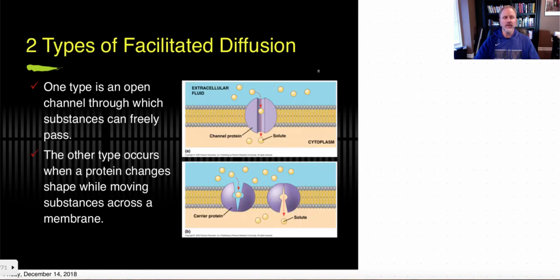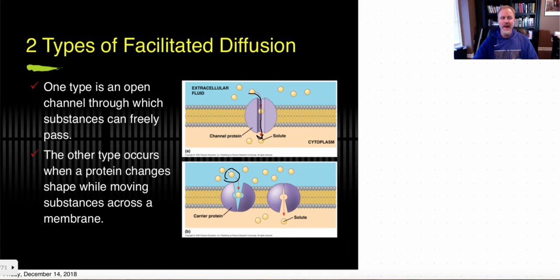The two types of facilitated diffusion: you can see here in this particular case, these ions, or the solute, are moving freely across. It's just a channel protein that's always open and makes sure that the amount of substance on both sides of the membrane is always equal. And then the other one is where the protein changes shape as a result of interacting with these solute molecules.